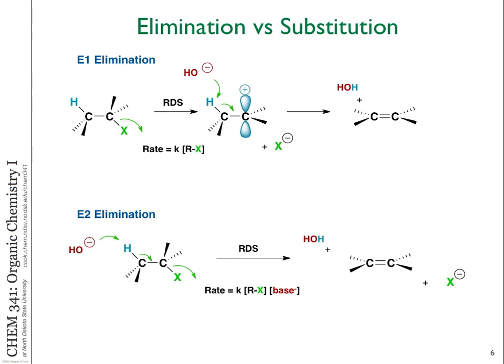So whether we have conditions which favor carbocations or conditions where we have a strong nucleophile or a strong base, these can compete. So if you think about the example where we have an SN1 substitution reaction, what would happen in an SN1 substitution is that your nucleophile would react with the carbocation to form your substitution product, right?